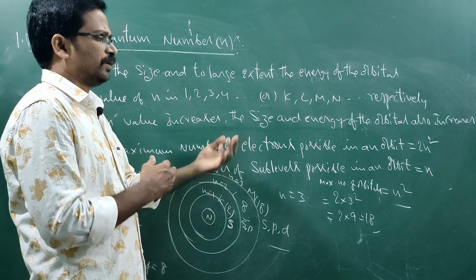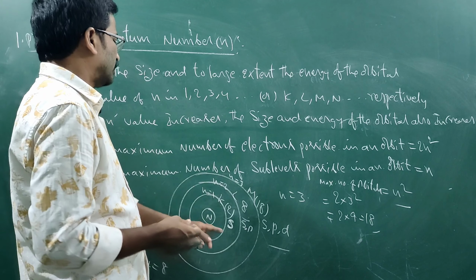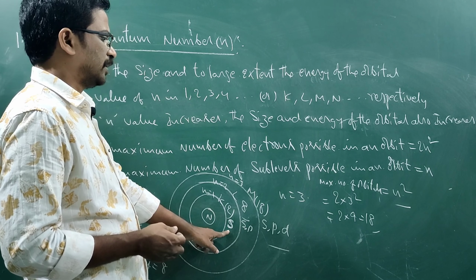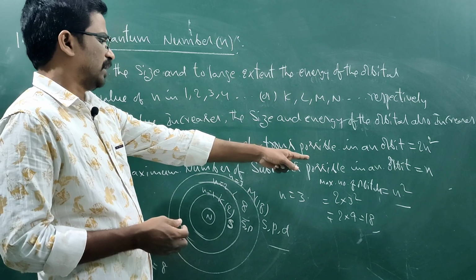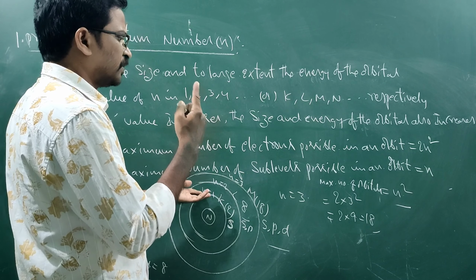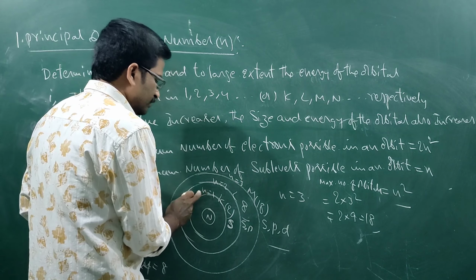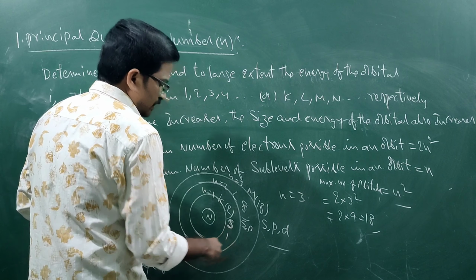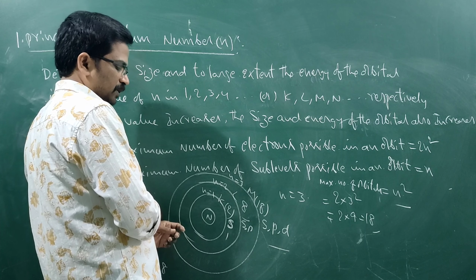Let us think about how we know n square is possible. Let us put n is equal to 1 there. It means n square is 1, so the number of orbitals in the first shell is 1. Here only one orbital is possible.